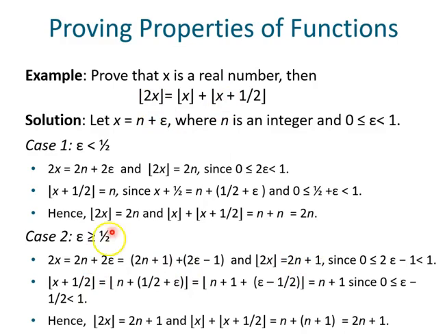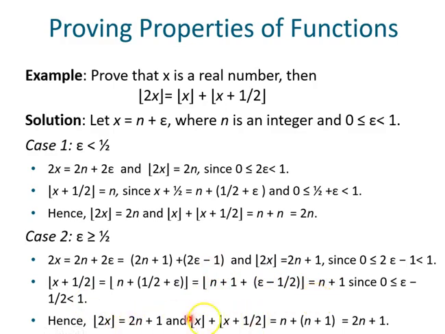Compute the value of the right-hand side. x plus 1/2 is this. And we can write it as n plus 1 plus epsilon minus 1/2. Just subtract 1 from this expression in the parentheses. It becomes epsilon minus 1/2. Because epsilon minus 1/2 is between 0 and 1 and less than 1, the floor of this is just n plus 1.